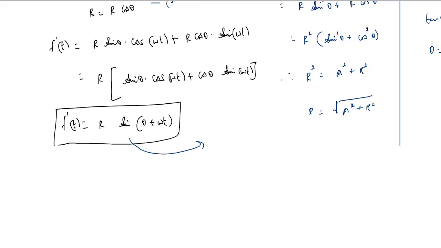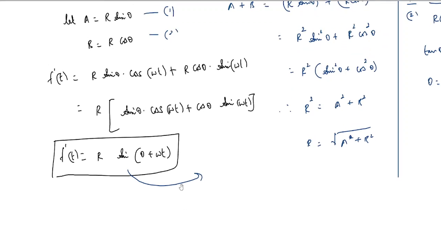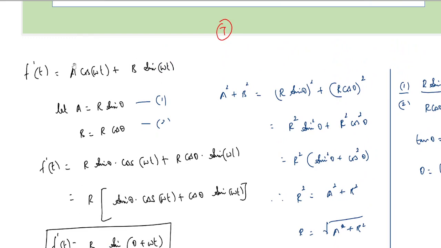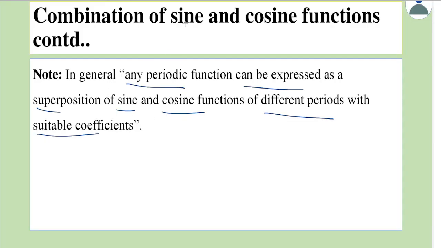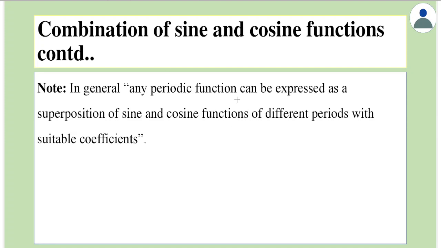If you go back and look at it, we can say that r sin of theta plus omega t is equal to the sum of these two functions, which means a sine function or cosine function can be expressed as a combination of a sine and a cosine function. That is also an important theorem: any periodic function can be expressed as a superposition of sine and cosine functions of different periods with suitable coefficients.